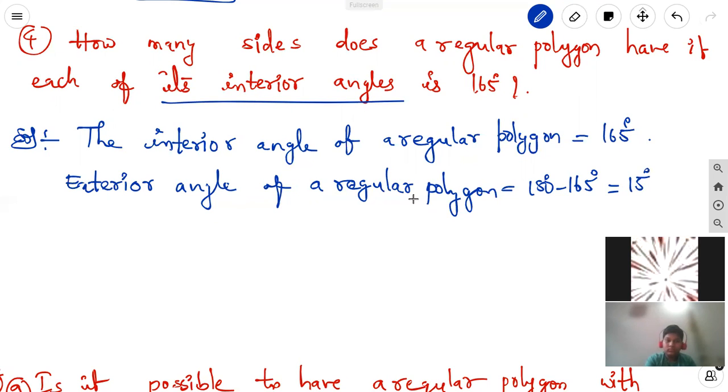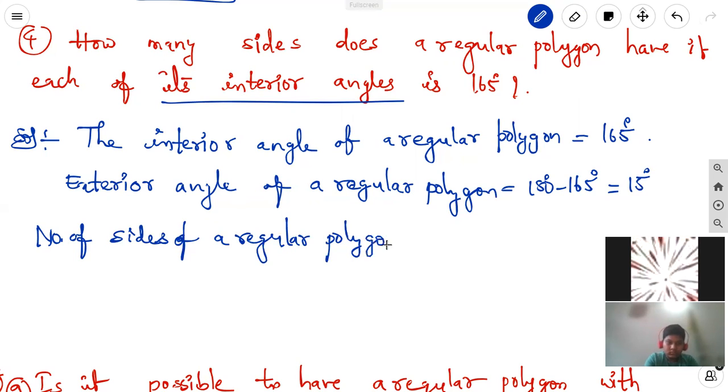Okay, when we know the exterior angle, then we can easily find out the number of sides. We know the formula, that is number of sides of a regular polygon is equal to 360 degrees by x degrees.